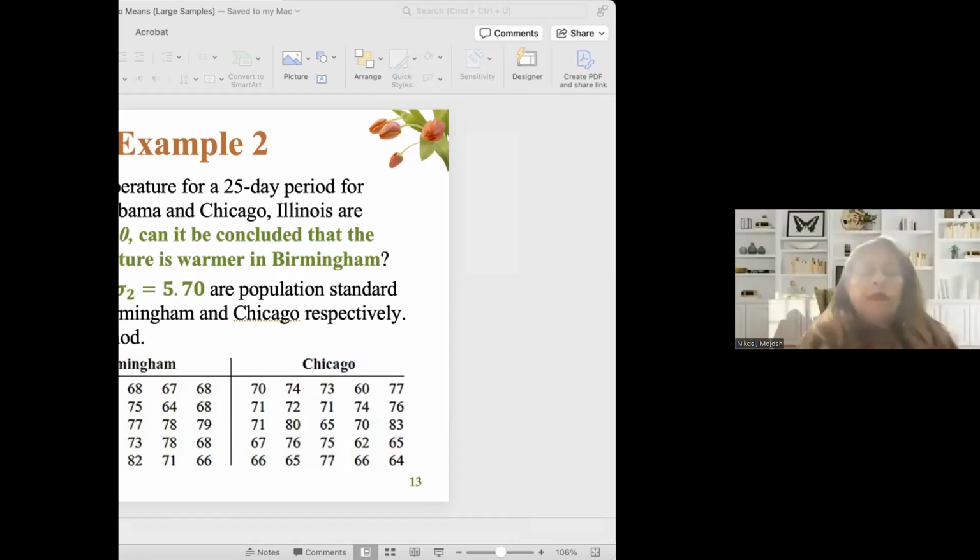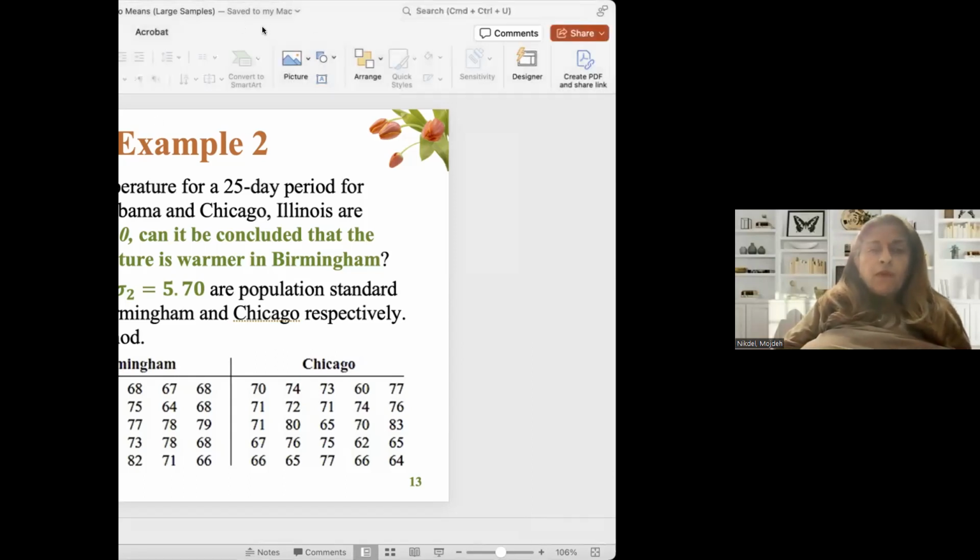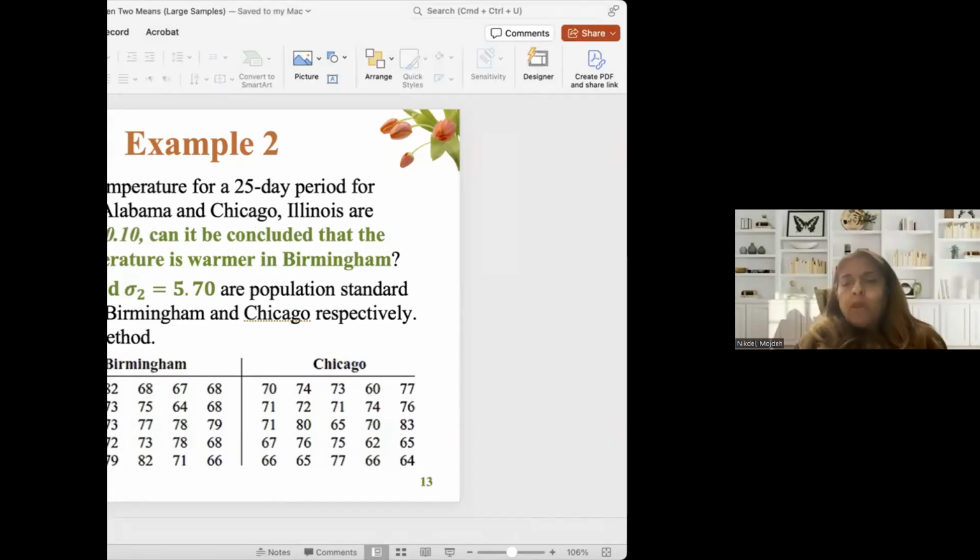Now remember, in this example I have given you sigma 1 and sigma 2. Sigma 2 was 5.7, sigma 1 was 5.39. So I don't want to copy the standard deviation anymore, because they have given me the population standard deviation.